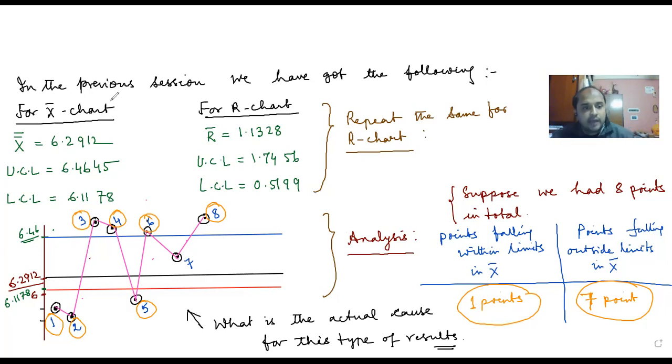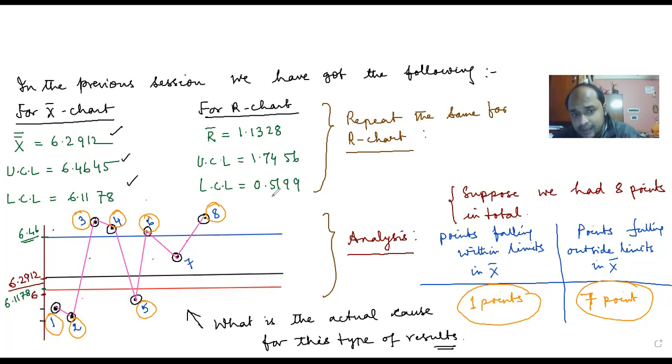So I was saying that with all these values, you have to plot all the 25 values, and out of 25 values I have shown only 8. Maybe the remaining values are falling within limits, so you have to check it. You have to draw the statistical quality control chart and repeat the same process.